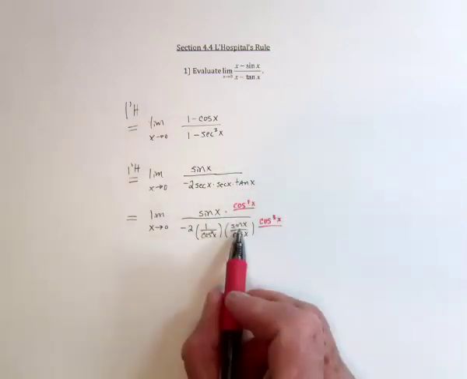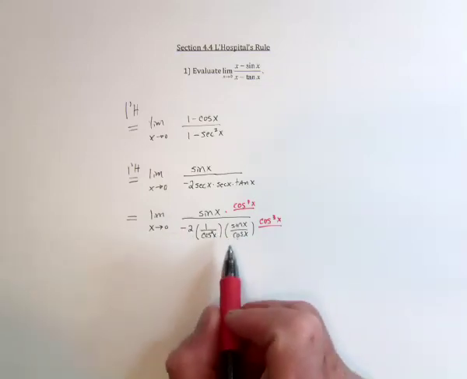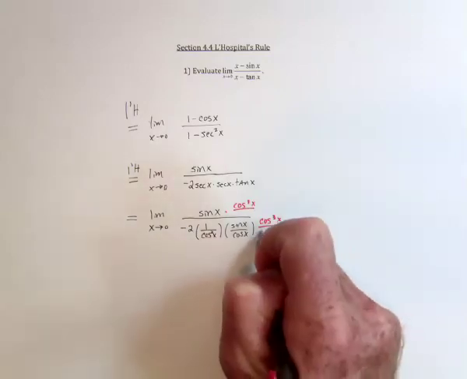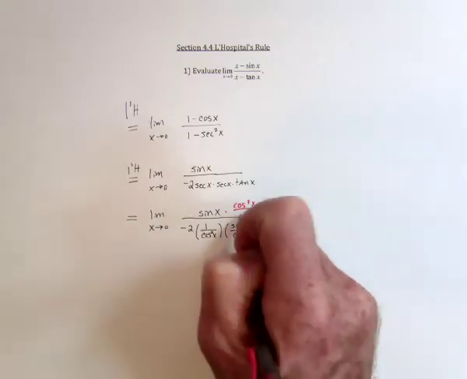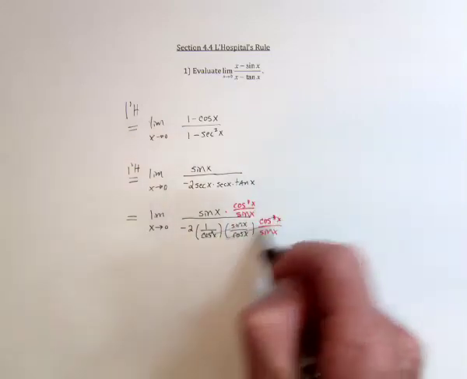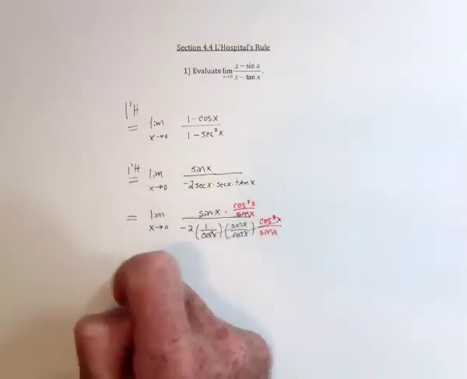And then this has a sine. I'm just going to leave the constant because I want to deal with these trig functions first and simplify that. So divide by sine of x, and then all of these are going to cancel, as well as these will cancel.